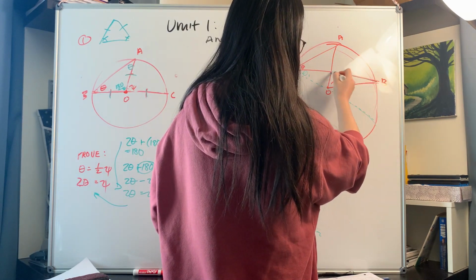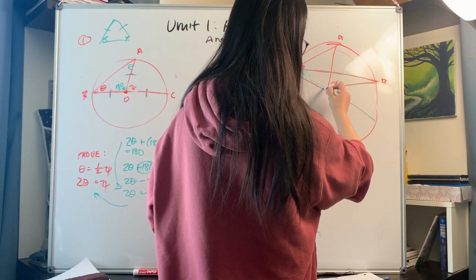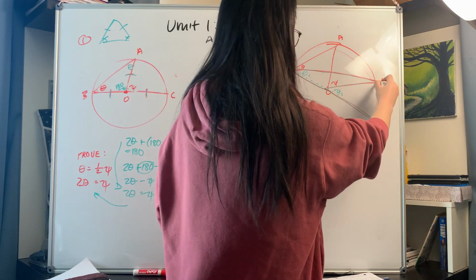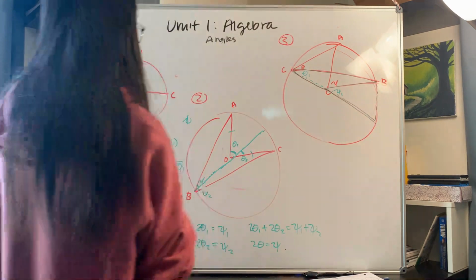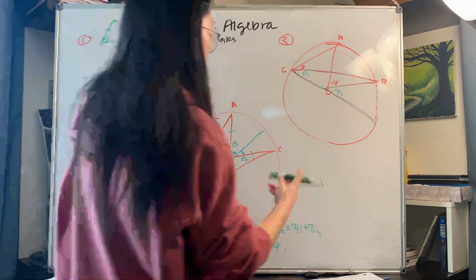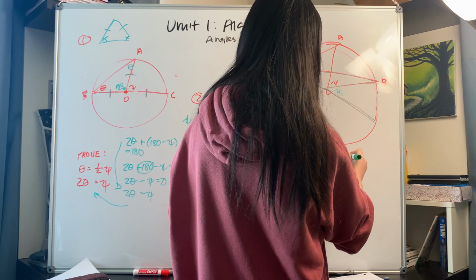So you have this right here, and you have this right here. Theta 1 and psi 1, and they both intersect the same arc, and it's the same format as what we have here. So we can say that 2 theta 1 is equal to psi 1.